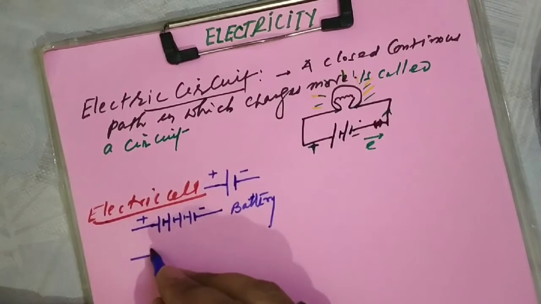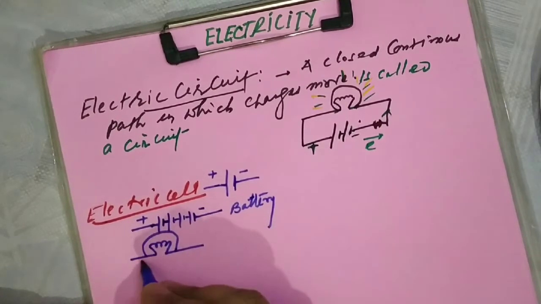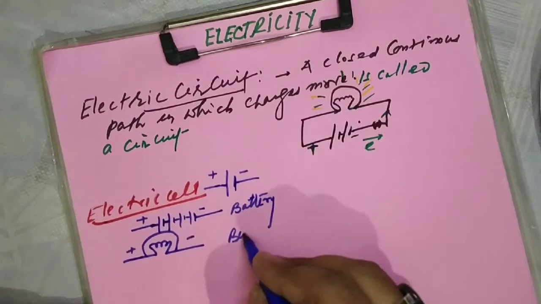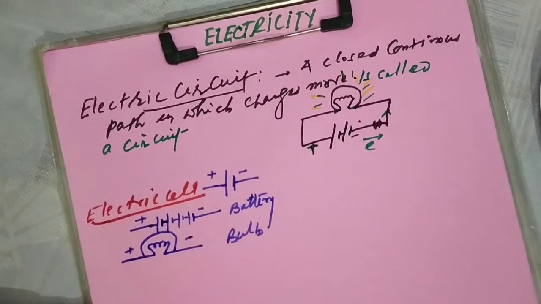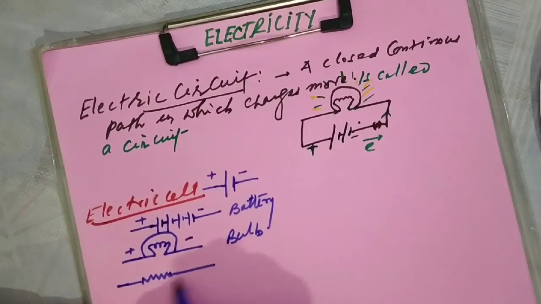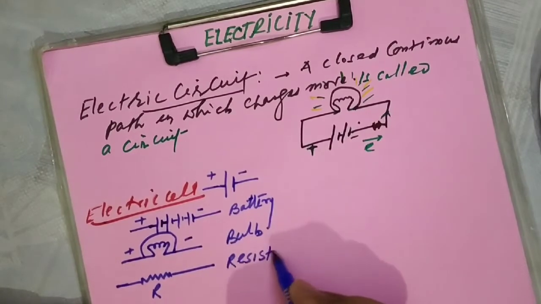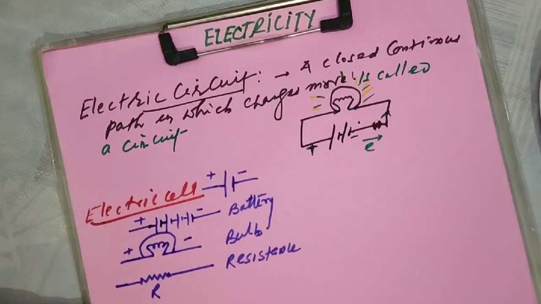For a lamp or bulb, this is the symbol. Symbol of resistance.